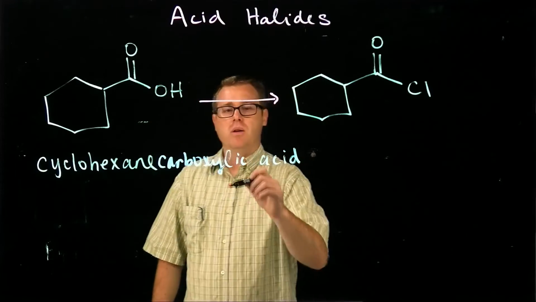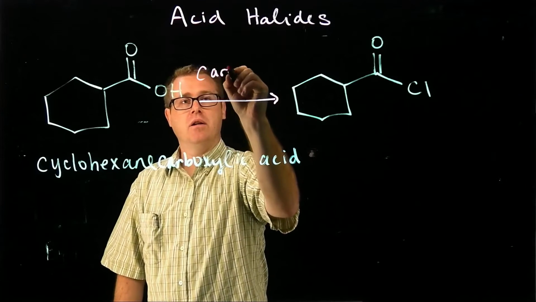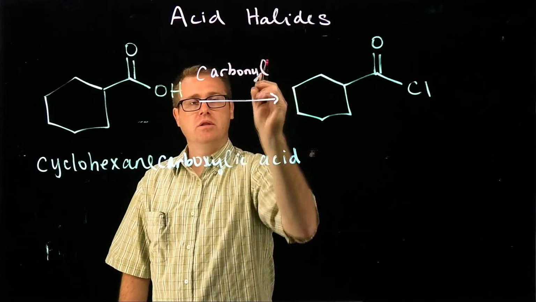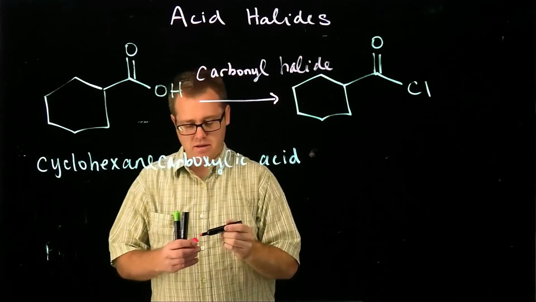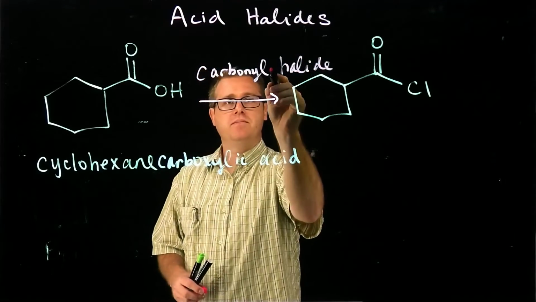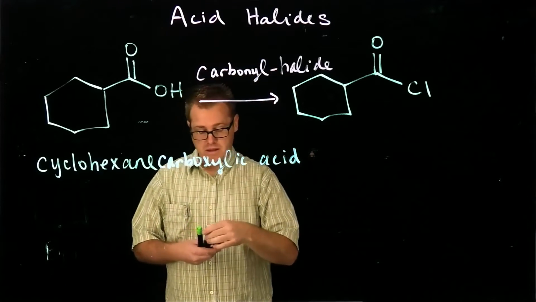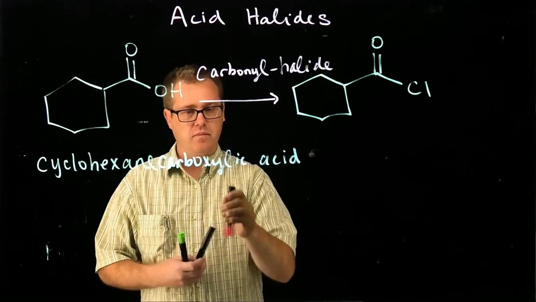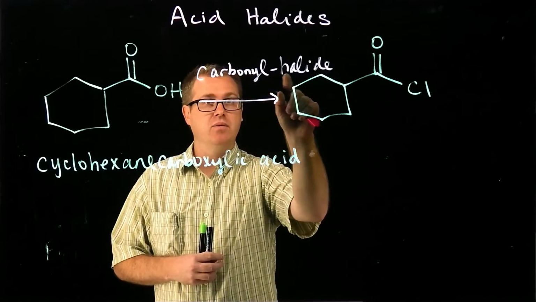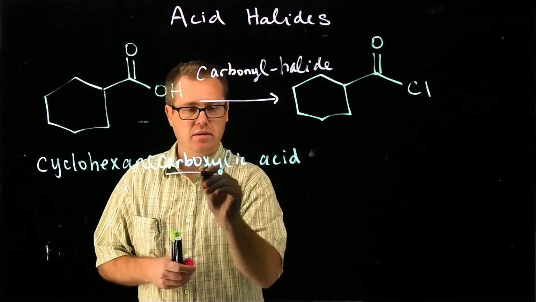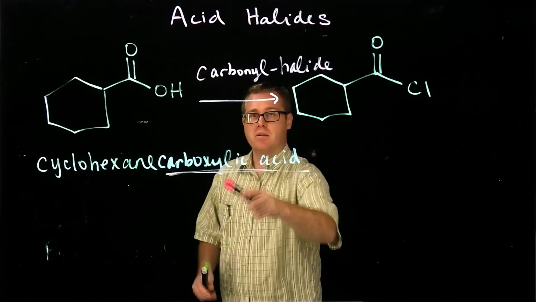You're going to now replace it with carbonyl halide. Carbonyl halide. So here in blue, that right there is going to be replaced with the pink. So that's going to be replaced with the pink right here.